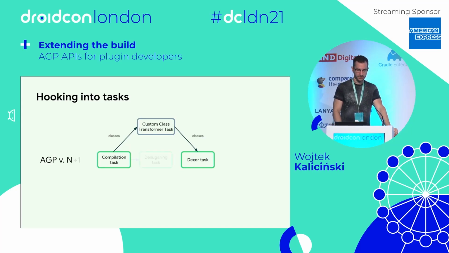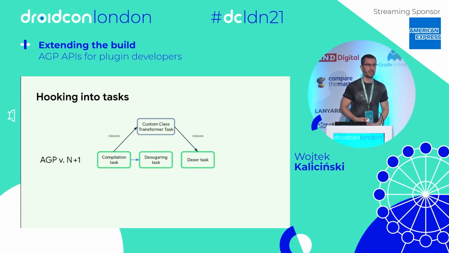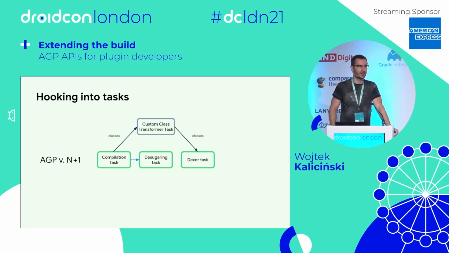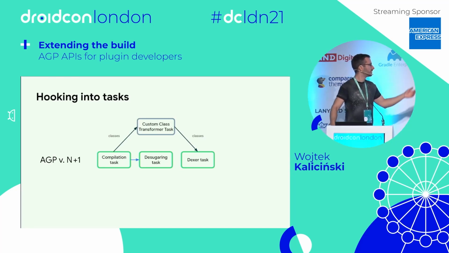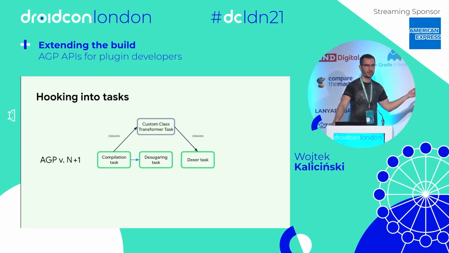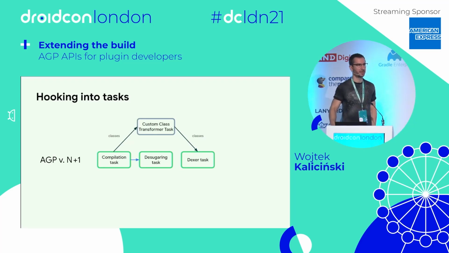Well, all is fine until we release the next version of AGP. And maybe we decided to split the compilation into two steps, because maybe now we have a desugaring task that post-processes the classes to add Java 8 language features and so on. And suddenly, because we did that in a new version, but your plugin wasn't updated, you still try to rely on the compilation task because you don't know anything about the desugaring task.